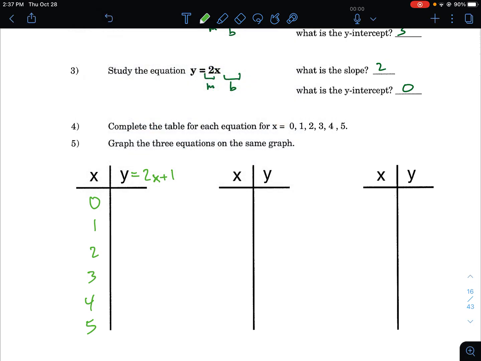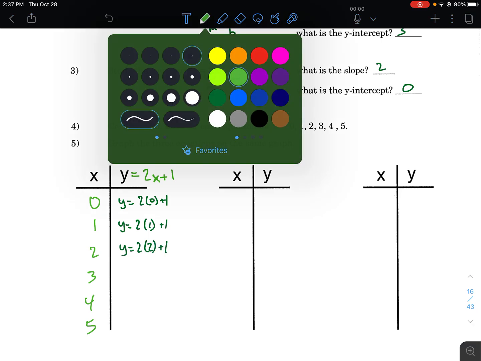Y equals 2 times 0 plus 1. Y equals 2 times 1 plus 1. Y equals 2 times 2 plus 1. And we can try to figure the rest of it out in the pattern.